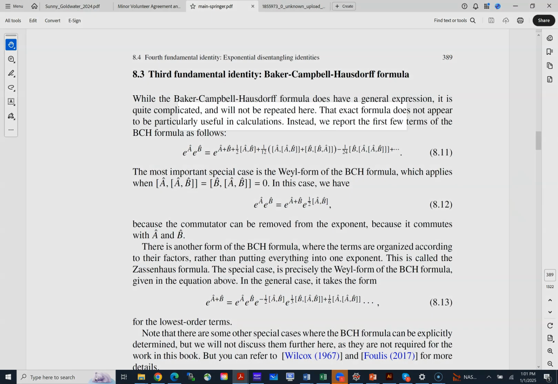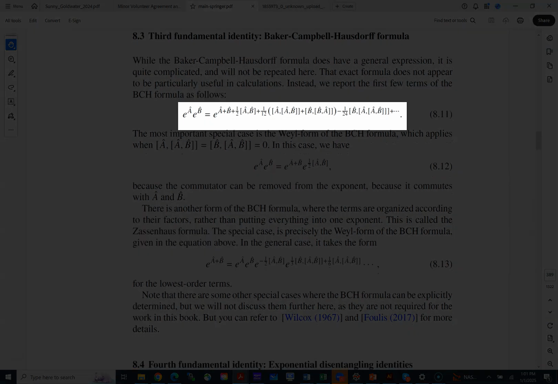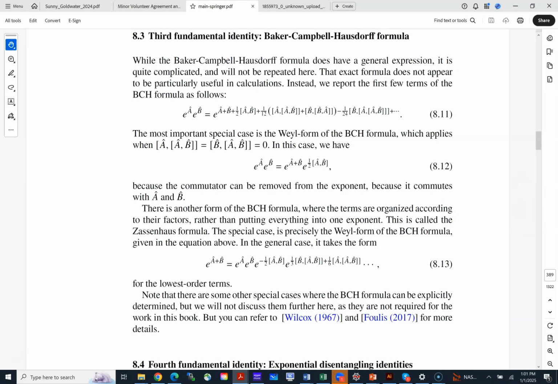The next identity that we have is the Baker-Campbell-Hausdorff formula. This is one where it's really only useful if the nested commutators eventually truncate and are equal to 0. And the most famous form of that is in the Weyl form, where the commutator of a with b commutes with everything else.